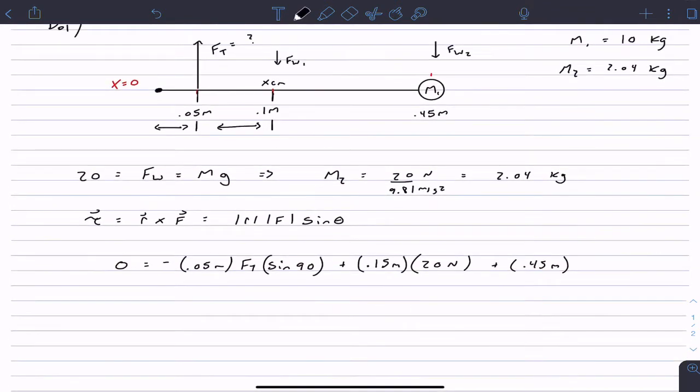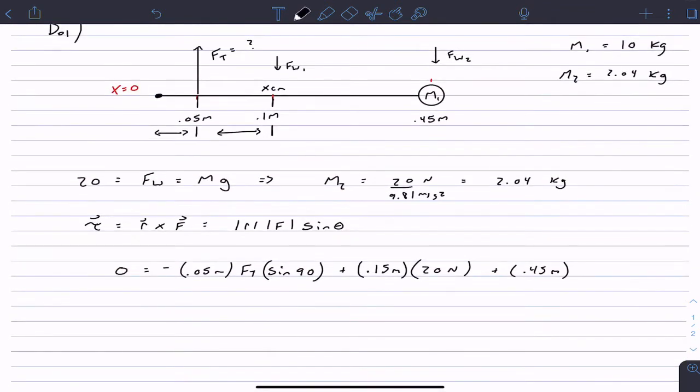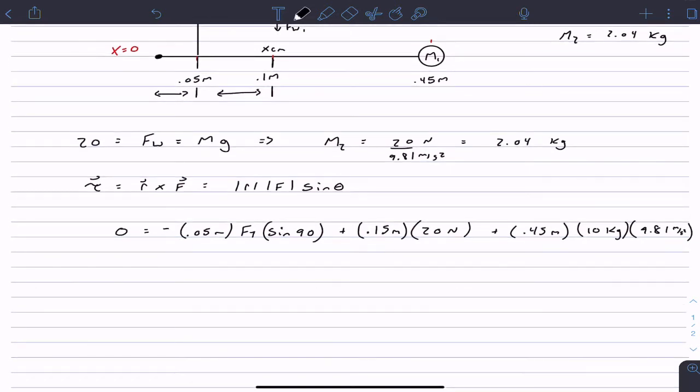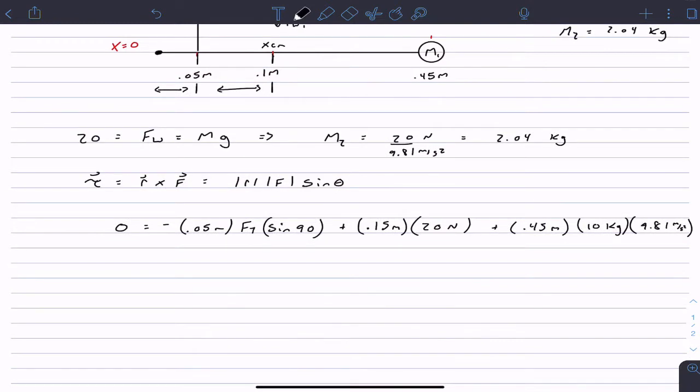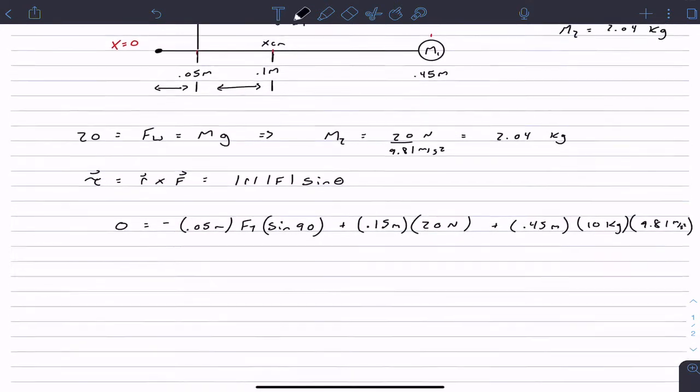Then this weight force, we're told this mass is 10 kilograms. So mass times gravitational acceleration will give us our weight force. And remember, all of these were sine 90. Torque is r, magnitude F times sine 90, but we know sine 90 is 1, so I just neglected to write those down.